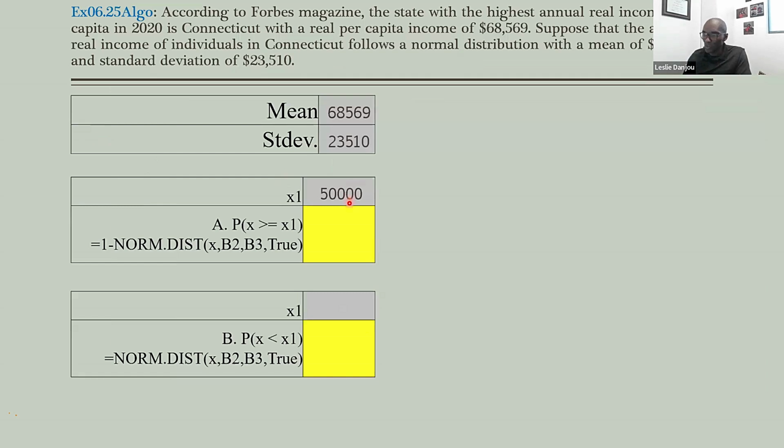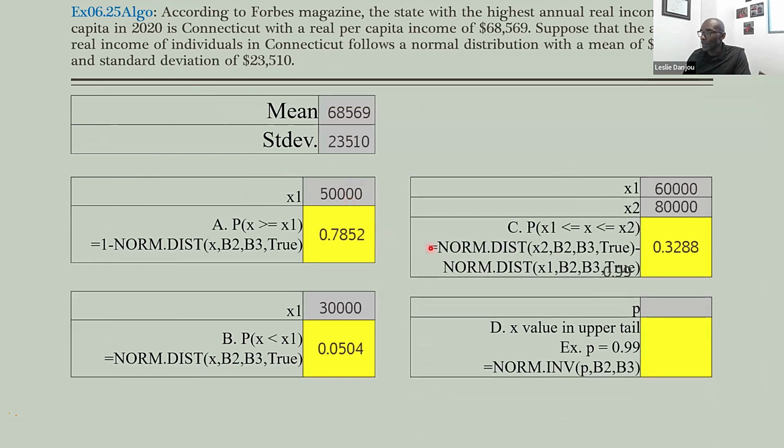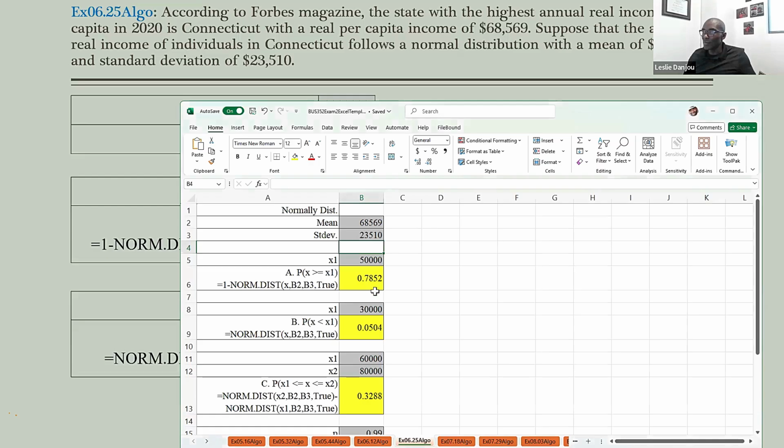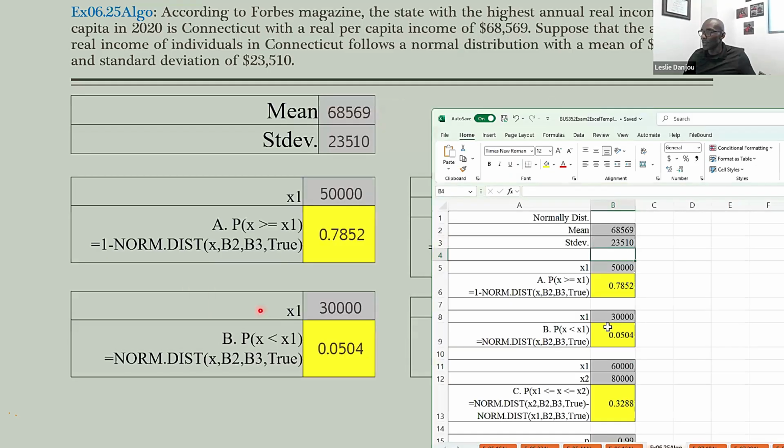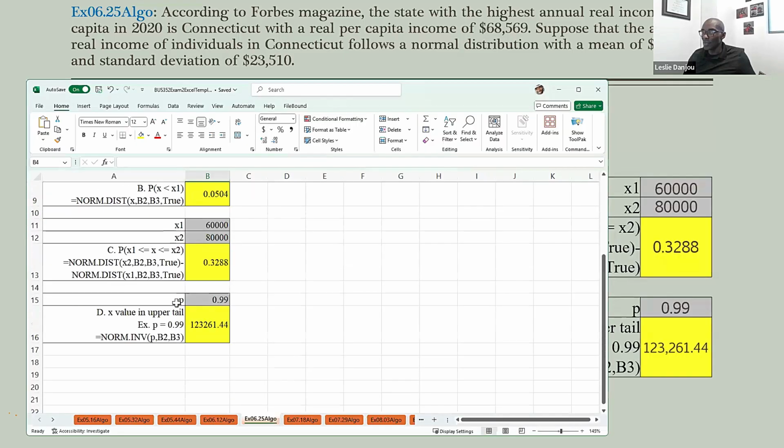And yes, I'm going to be doing 50,000, 30,000, and then 60 to 80,000 and all of that. All right. So let's put in 50,000. Good. Next one is 30,000. Good. Next one, 30 to 60. Good. And then 0.99. Outstanding.